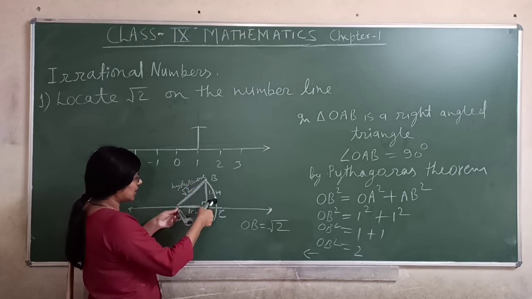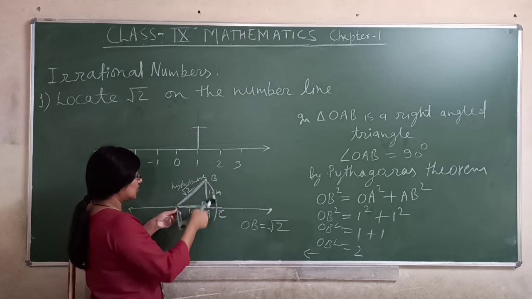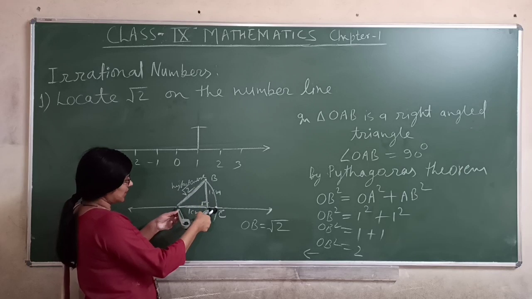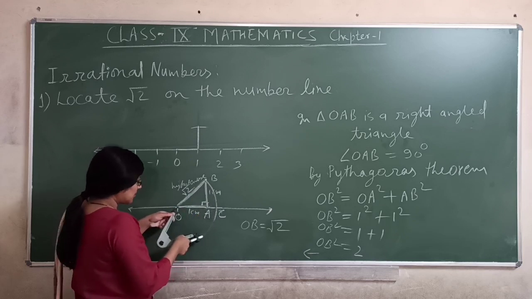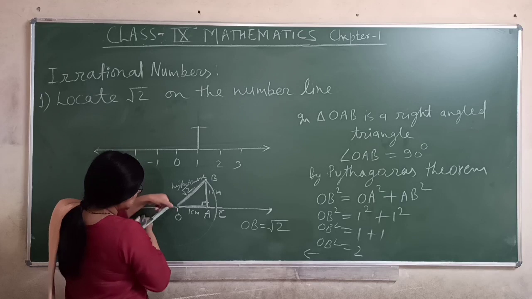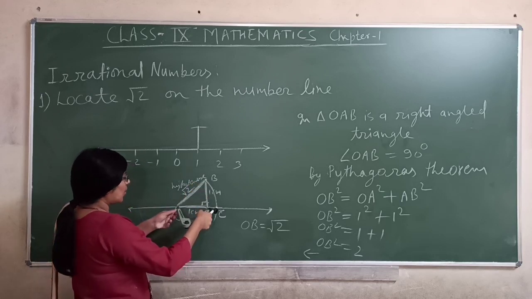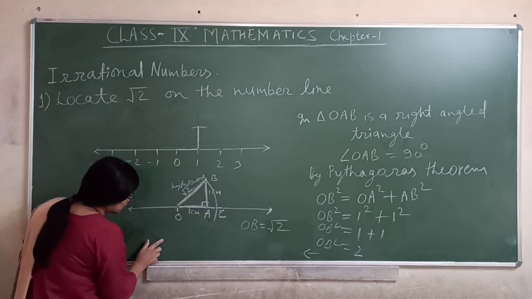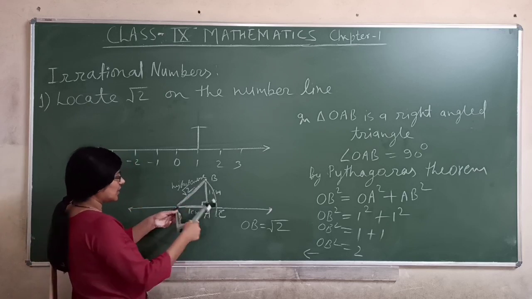If you draw an arc here, look, however much OB is, the same will be OC also. Both are radii of the same circle. If you complete this, you get a circle here. So how much is OB, the same will be the value of OC. So both are equal in measurement. We will not draw any circle here, we just draw an arc. Okay.